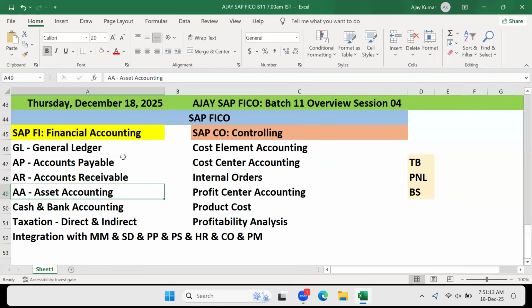I'm a bit confused about how they two are related, like cost center and this financial accounting side. Now, initially, just relate. If you have 100 members, these 100 members are not working together, right? Somebody will work in the finance department, somebody in administration, somebody in HR, somebody in IT, somebody on the sales side.